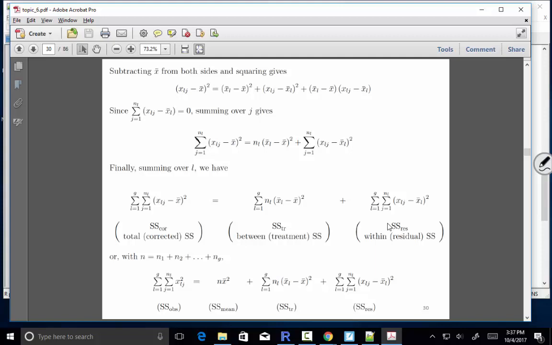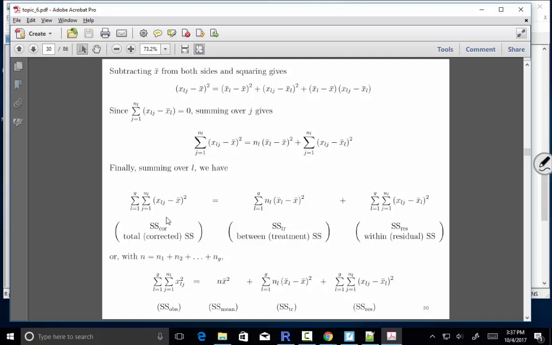When I think ANOVA, I always think the side-by-side box plot picture. Imagine side-by-side box plots. We're going to decompose the total variation in all the data points into a piece that is just about how the boxes themselves differ, and another piece about how wide the boxes themselves are.